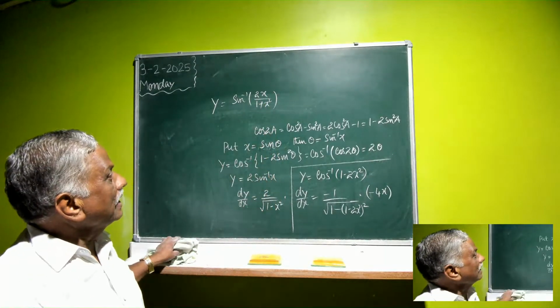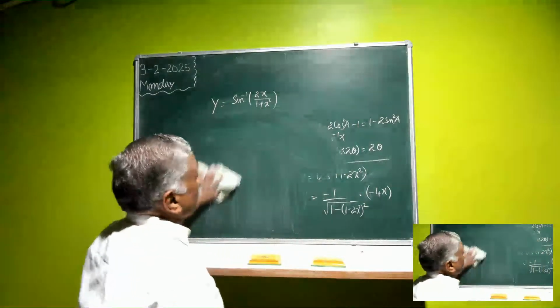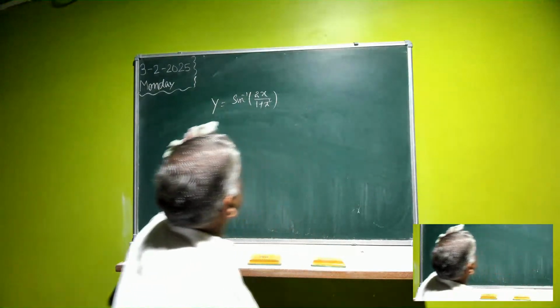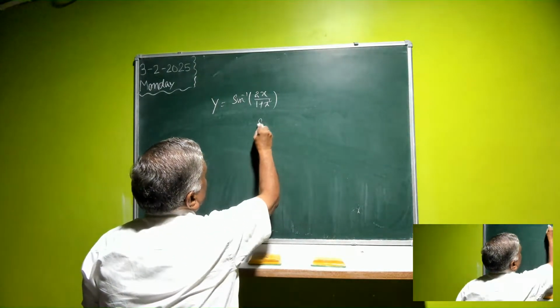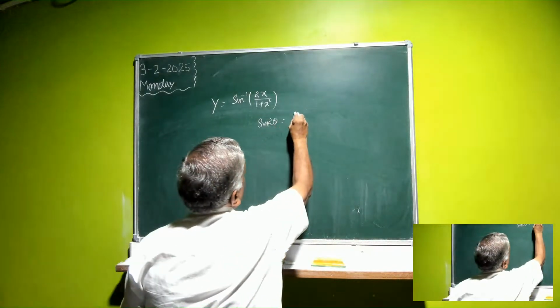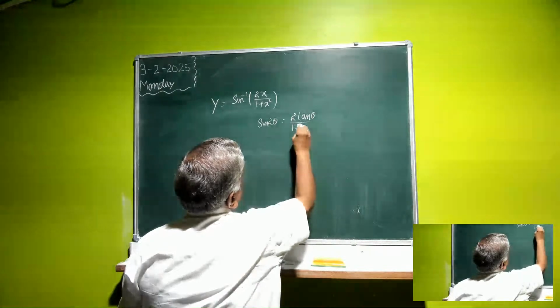Problems involving inverse trigonometric functions, we call them. So again, I'm just writing the formula that is required for this. There's a formula. Sine 2 theta is 2 tan theta over 1 plus tan square theta.